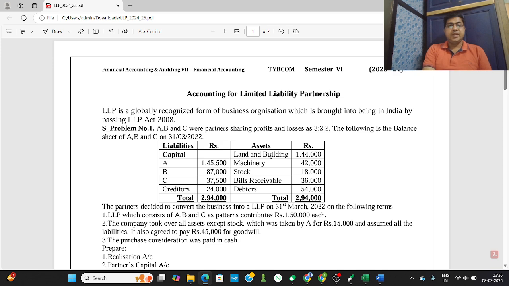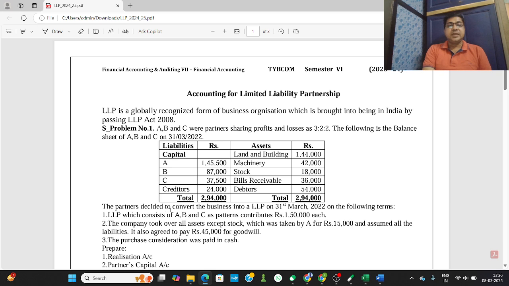Asset side: land and building 1,44,000, machinery 42,000, stock 18,000, bills receivable 36,000, debtors 54,000. Total of both the sides 2,94,000.